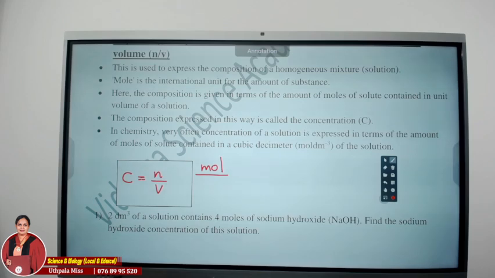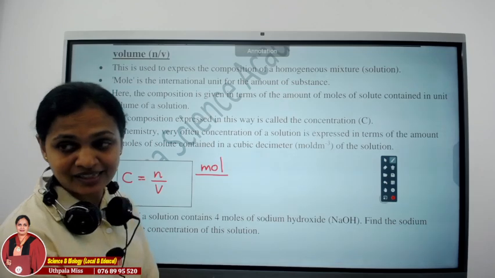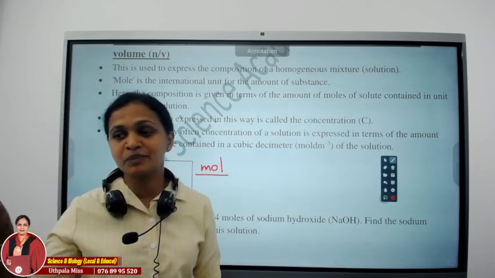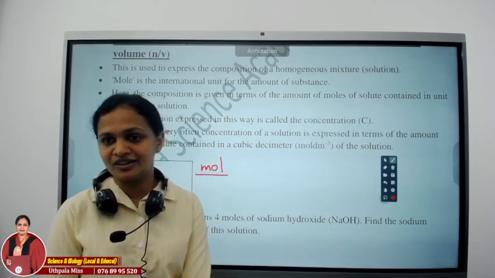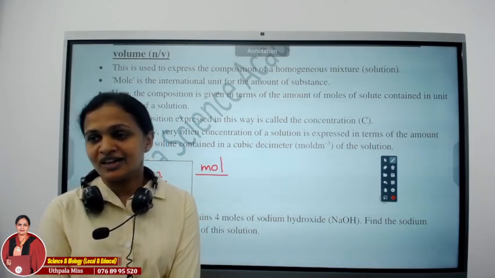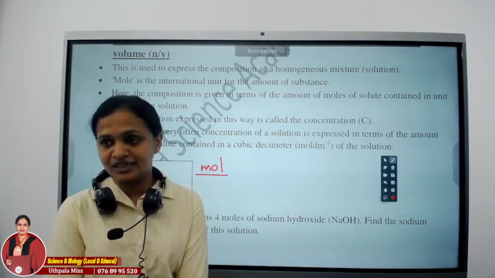But in chemistry concentration is very often expressed in moles per cubic decimeter. Remember last week we said M over V we express as grams per cubic decimeter, though it is not the SI unit, right? Most frequently we use grams per cubic decimeter.